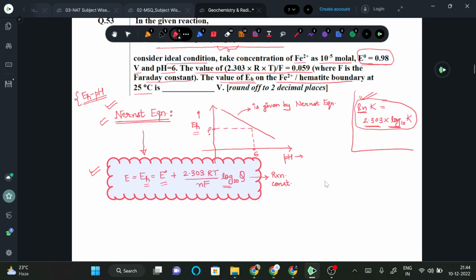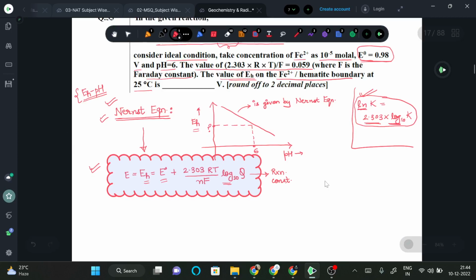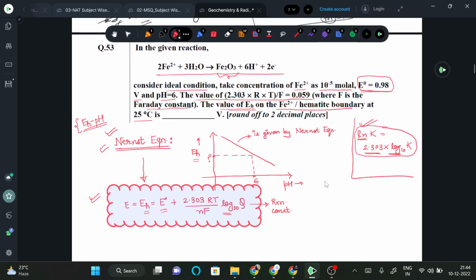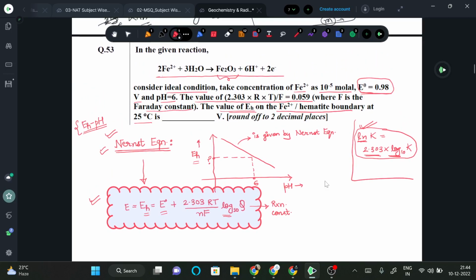So what does pH signify? If there is some certain pH given to you, what does it signify? It is minus log base 10 of H+ concentration, and pH is 6.